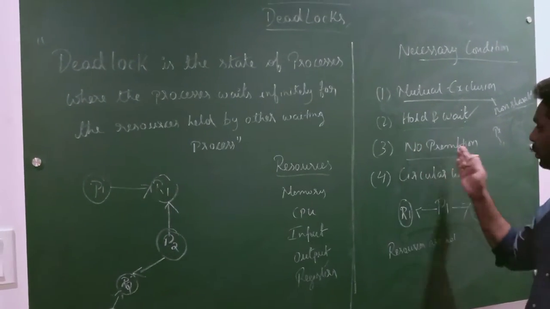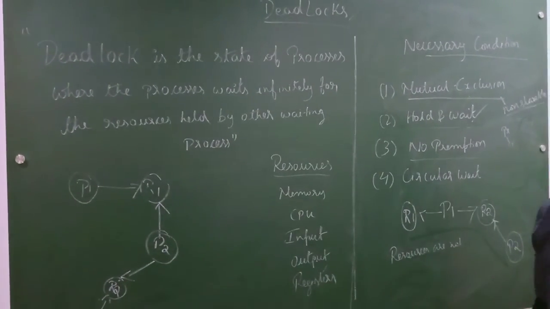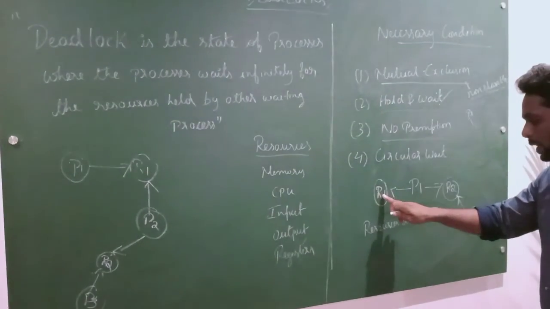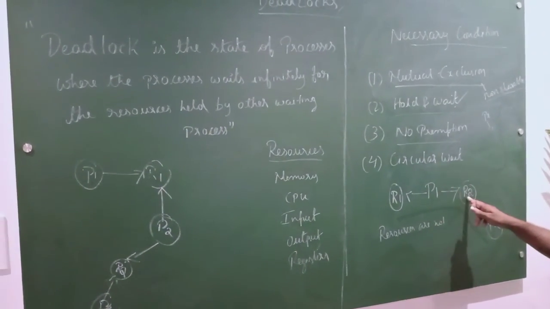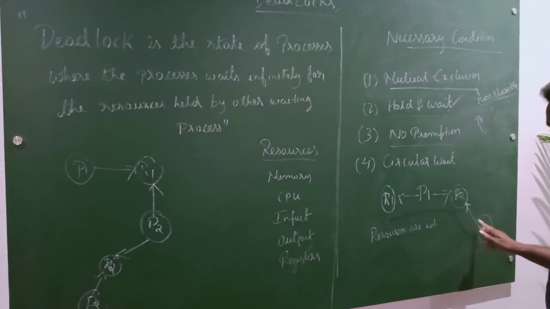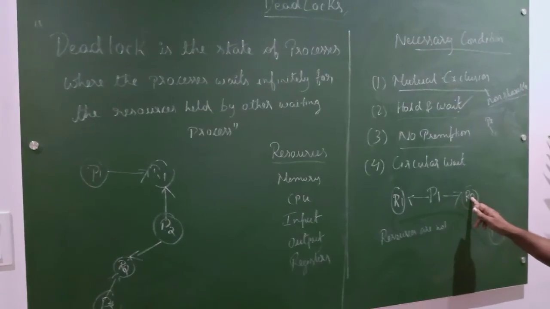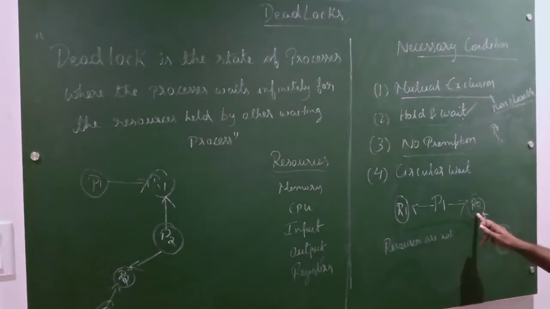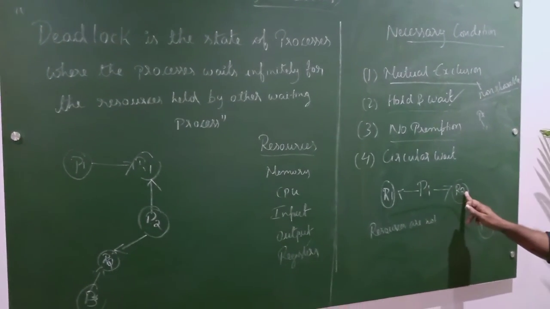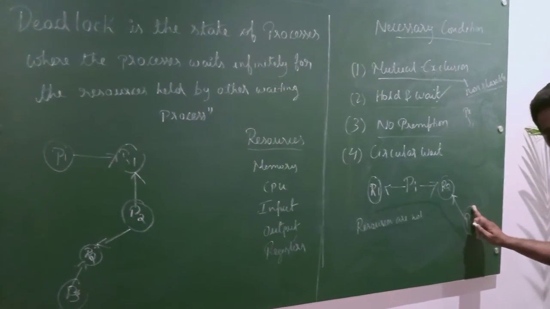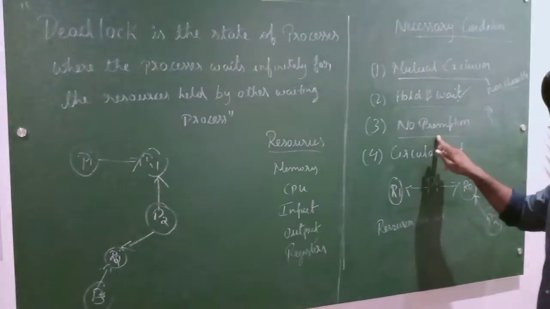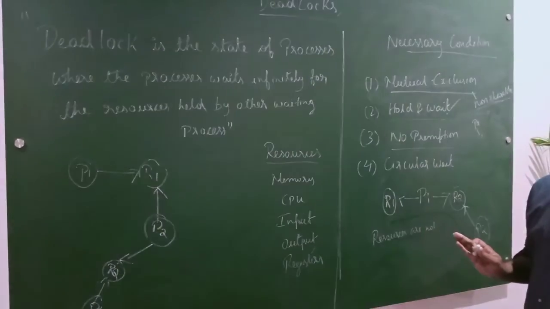So whenever there is no preemption of the resources, deadlock will occur. I'll give an example. P1 is holding resource R1 and is waiting for resource R2, but it is being held by the P2 process. P1 needs R2. If the resource could be preempted, it could be allocated. But if there is no preemption, until P2 finishes its task and voluntarily releases the resources, there will be no allocation. So whenever there is no preemption, deadlock will occur.